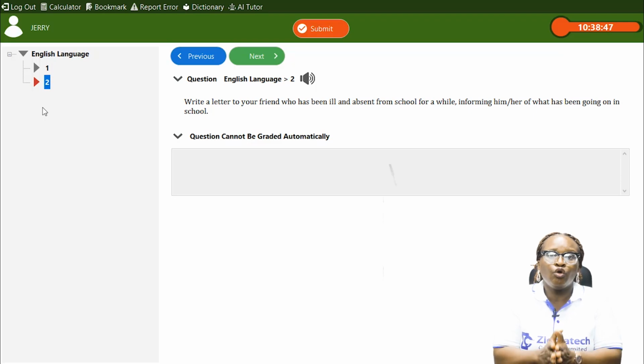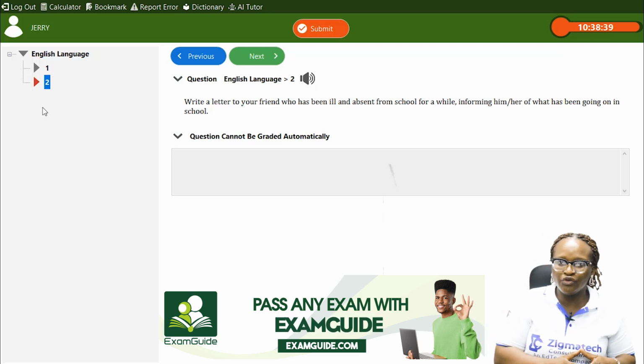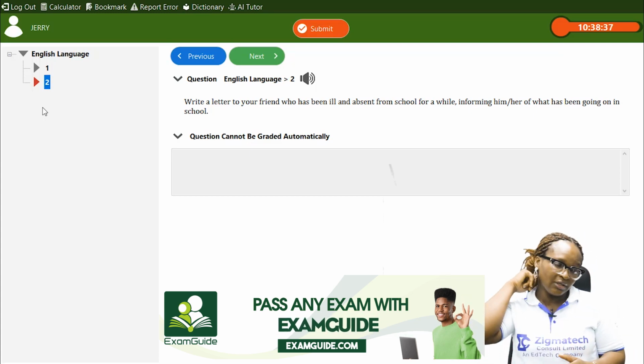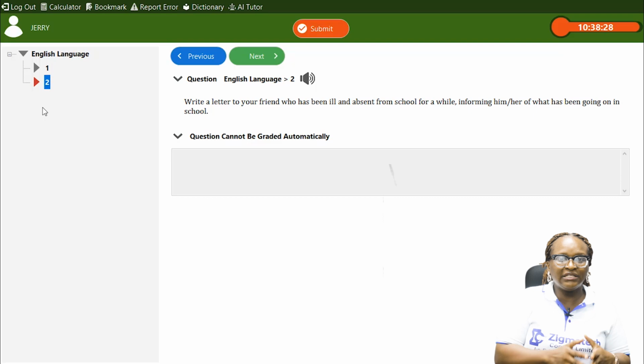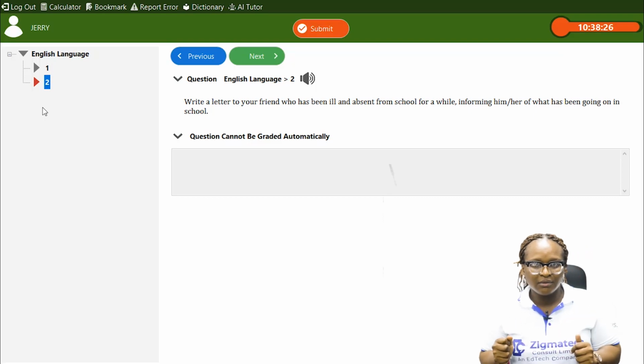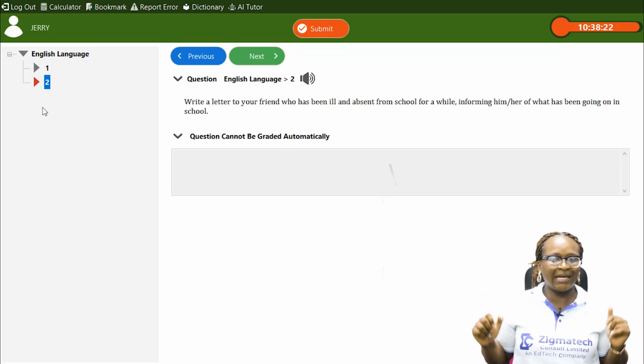All right. So your address will be needed, peradventure that person needs to write back to you. So you have the address of the writer. You don't have the address of the receiver. You only have salutation. And in salutation, you write the person's name in full with the title. So if you're writing to Mr. Jerry Mack, it will now be Dear Mr. Jerry Mack. All right. So that shows the semi-formality of that letter.